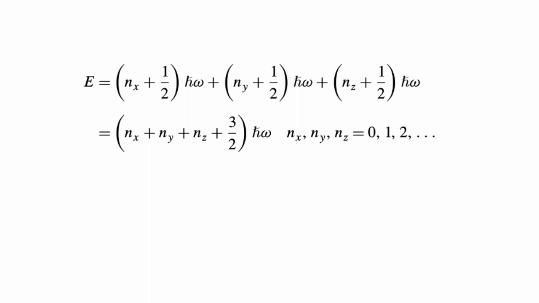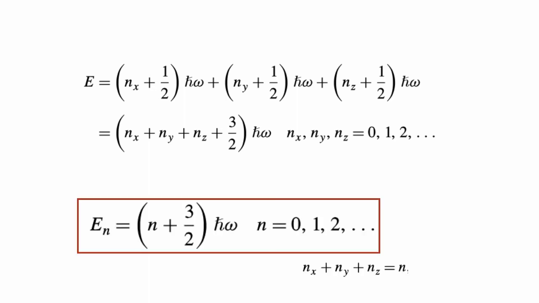times h bar omega. One thing that's interesting, of course, is that nx, ny, and nz can take on any value between 0 and infinity by jumps of 1, so they're integers. We can write that the energy of the three-dimensional harmonic oscillator is (n plus 3/2) h bar omega. So what's very telling is the 3/2. You remember we saw 1/2 for the one-dimensional harmonic oscillator.